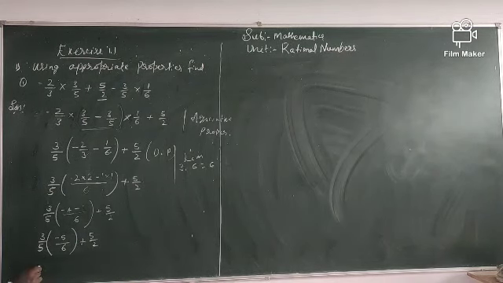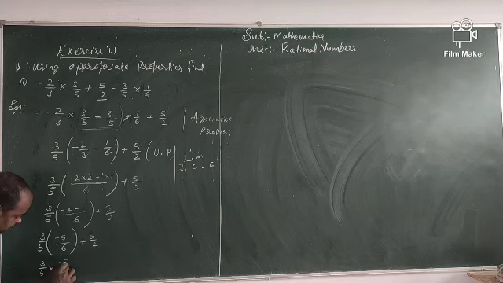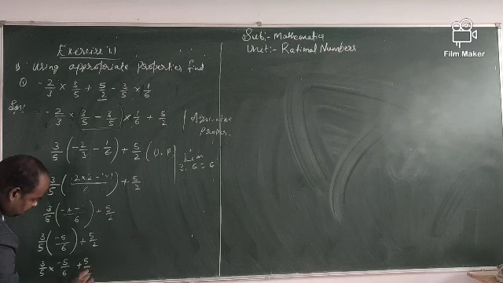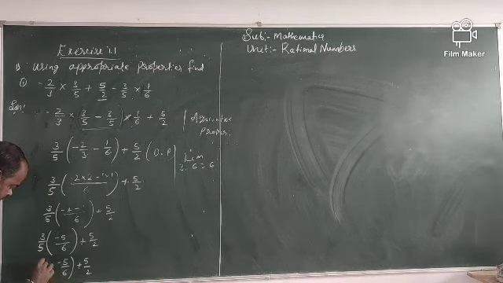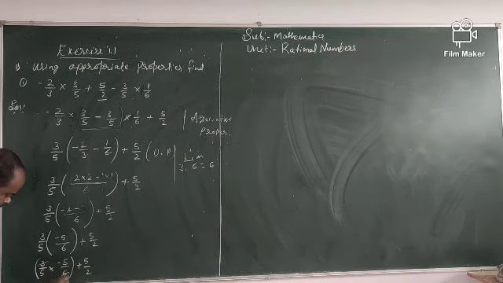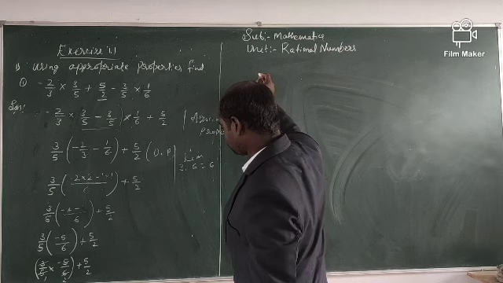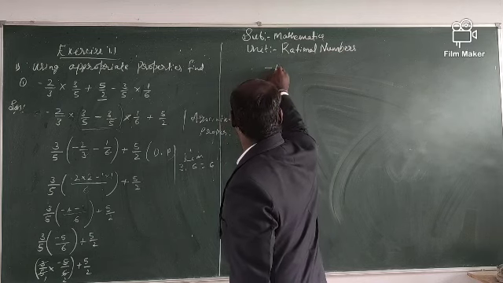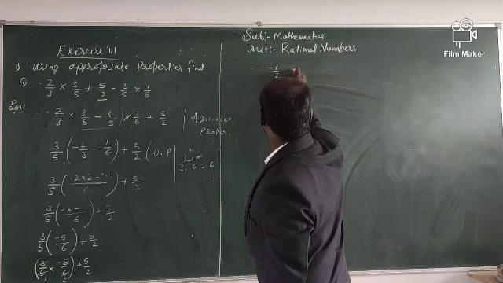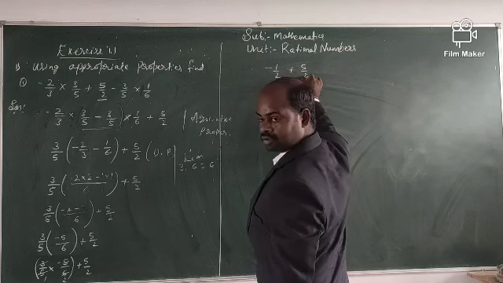Next, 3 by 5 into minus 5 by 6 plus 5 by 2. See here, 3 ones are 3, 5 ones are 5, and the remaining is minus 1 by 2 plus 5 by 2.